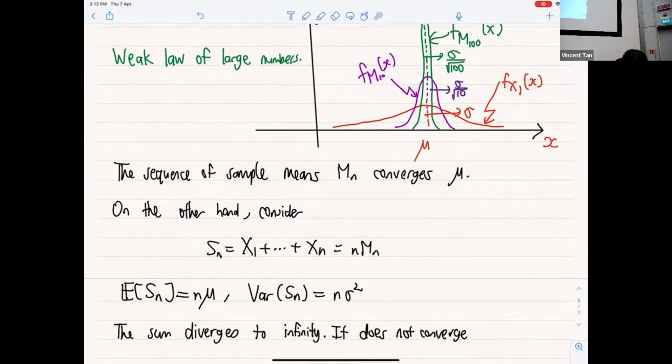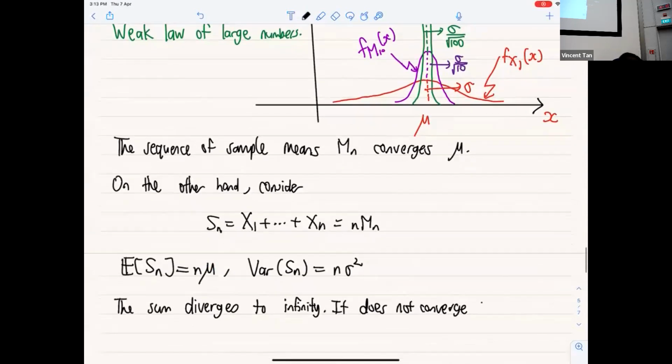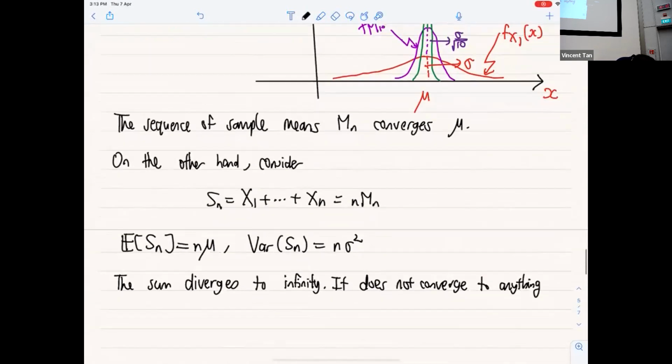Possibly negative infinity, but I don't think you all will have any negative exam scores because I have no negative marking. Unlike when I taught EE2012A, I asked them to do negative marking, and they really did. So this one is positive, so it diverges to infinity; it does not converge to anything meaningful.